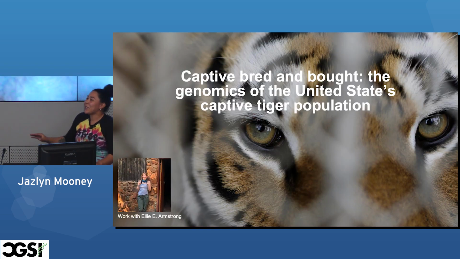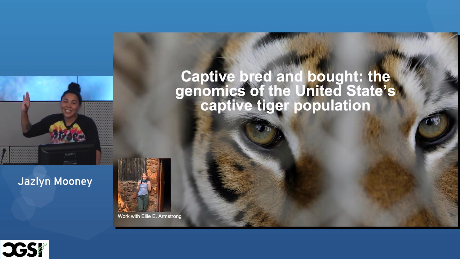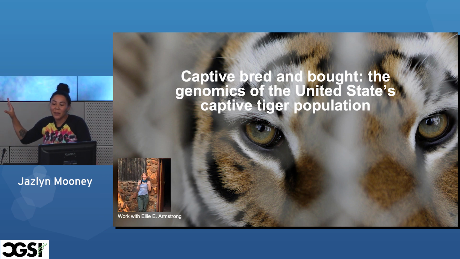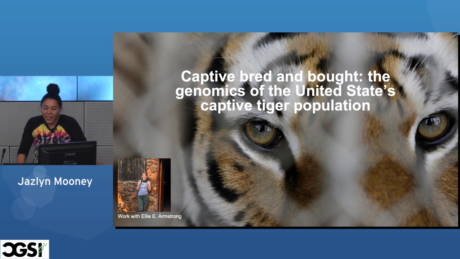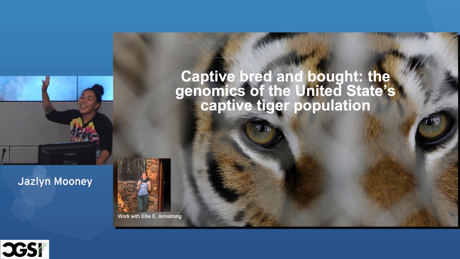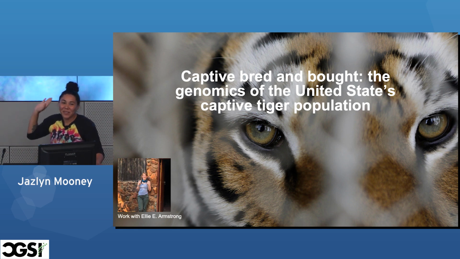So in the future, we're expanding this to K-way admixture problems, and this is work that's going to be done with Ellie Armstrong. So we have sets of captive tigers. She's amazing. She's currently a postdoc with Joanna Mountain, but she somehow convinced a bunch of zoos and Carole Baskin to send her samples. So we have data from a bunch of zoos and some Tiger King data.